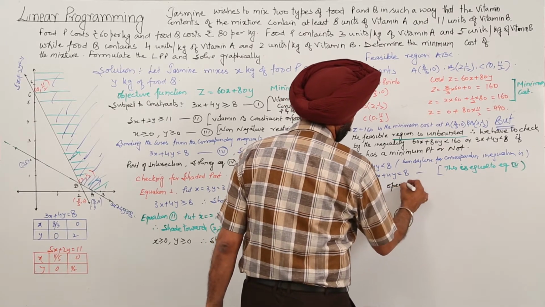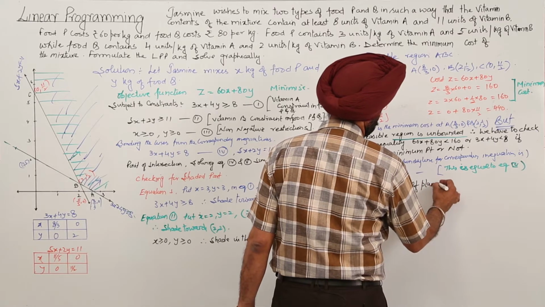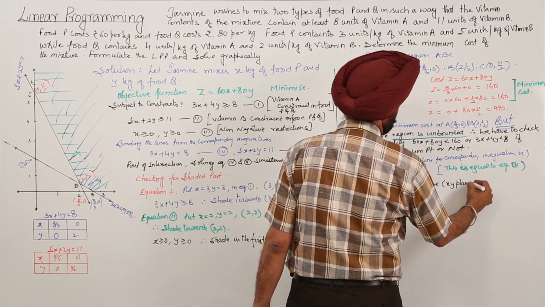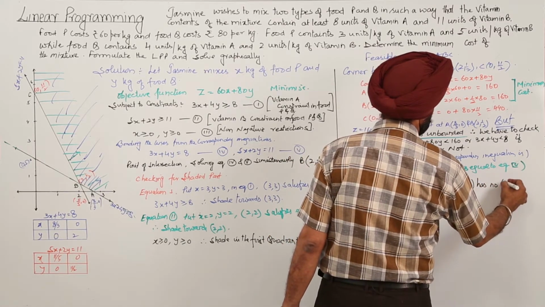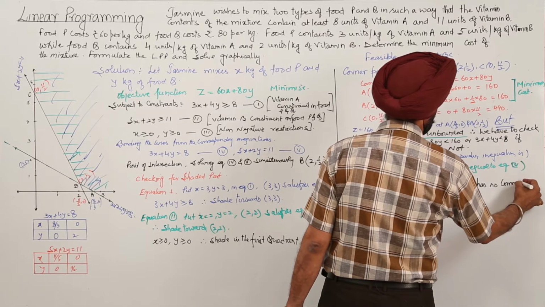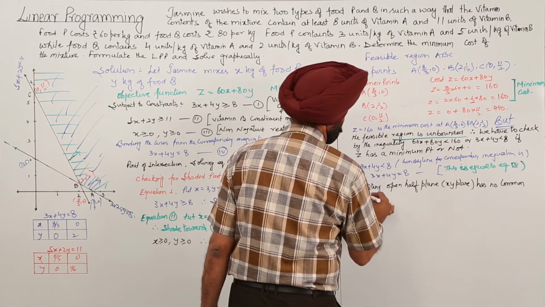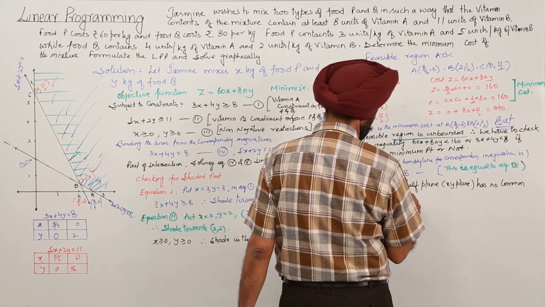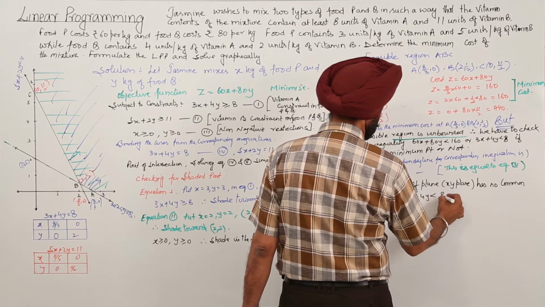The resulting open half plane, that is, has no common point with 3x plus 4y is less than 8.